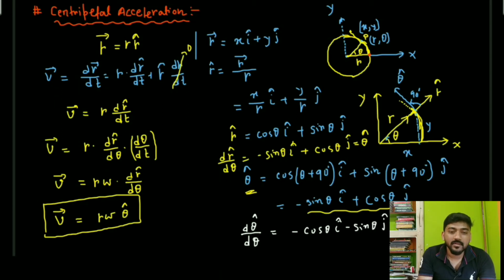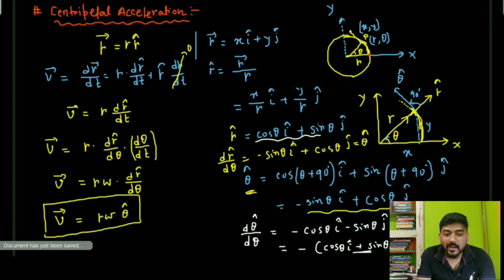If we take minus common, you will get cos theta i cap plus sin theta j cap, and this is actually r cap. So you will land up with this equation: d theta cap by d theta is equal to minus r cap.